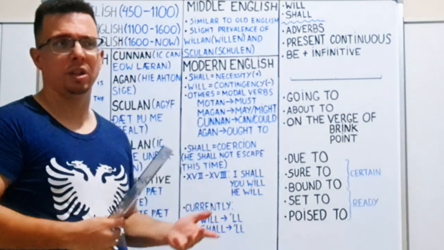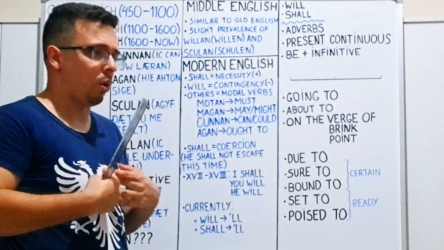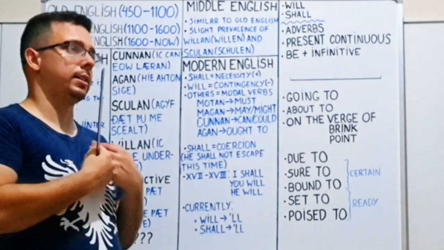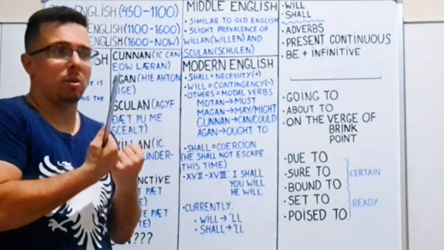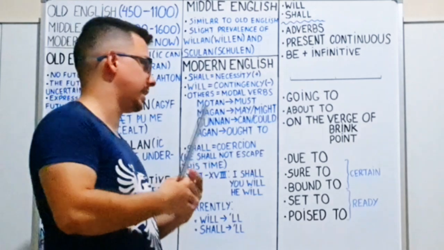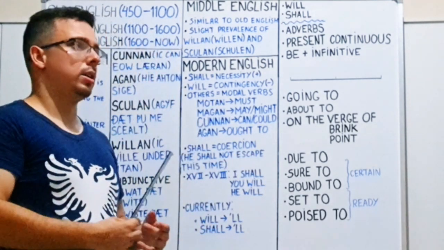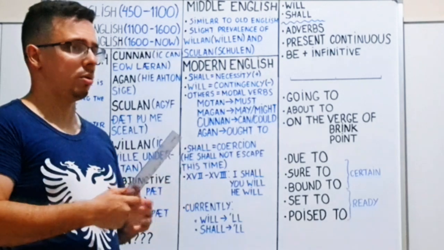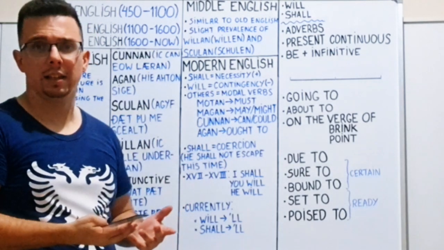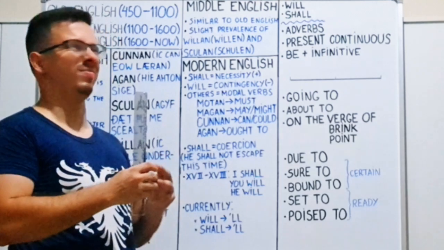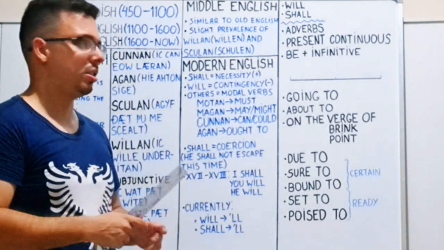It's just going to, but it has this sense of more urgency, like something that is so close to happening. That's about to. So it's about to happen, right? I don't know. It's about to rain, right? So I'm looking at the cloud. It's very dark. So it's about to rain, right?